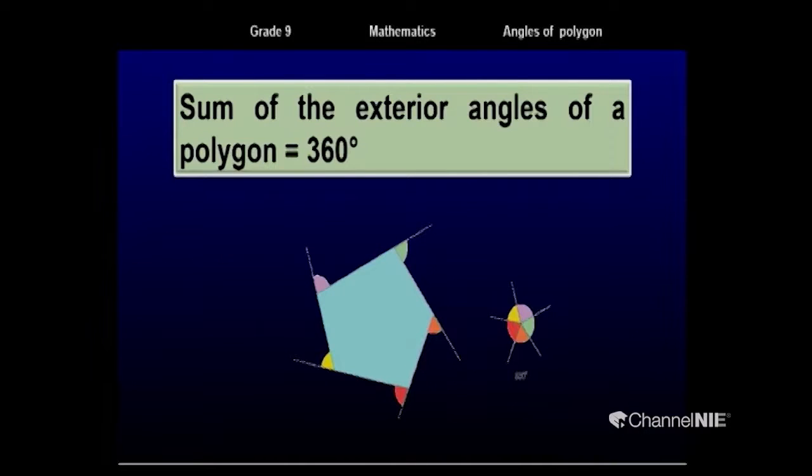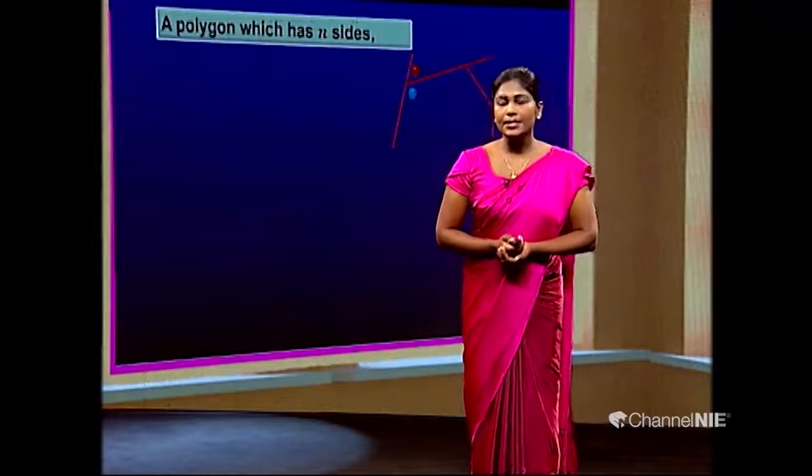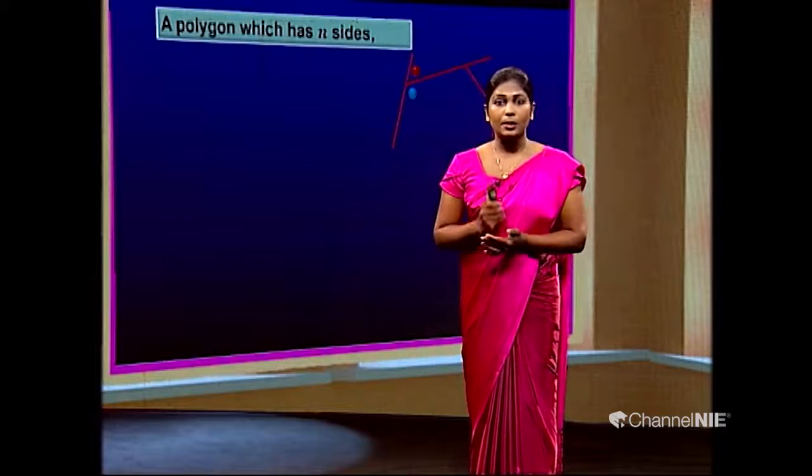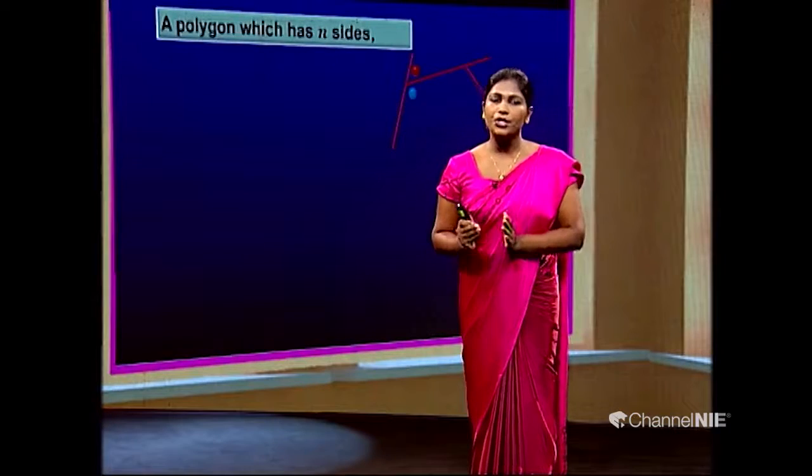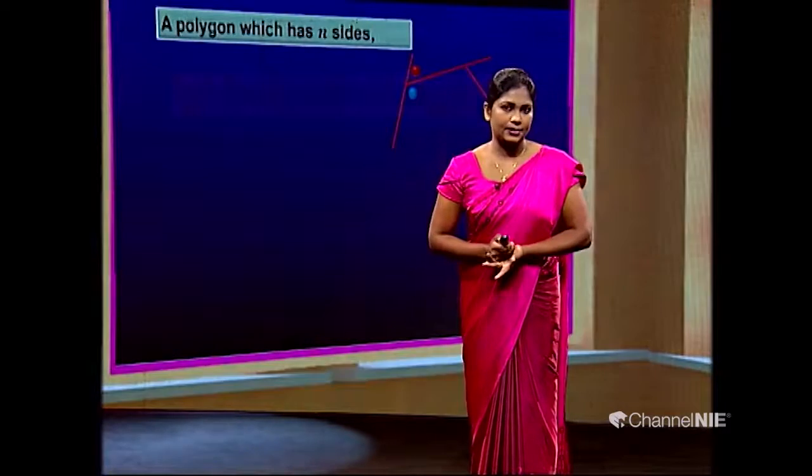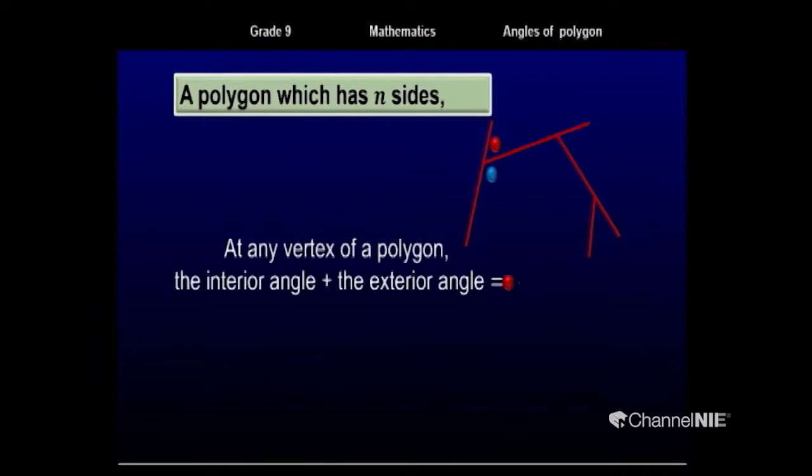When we consider the number of sides equal to n, you can take the same theory in this way. A polygon which has n sides. Now remember, a polygon which has n sides. At any vertex of a polygon, the interior angle plus the exterior angle equals 180.